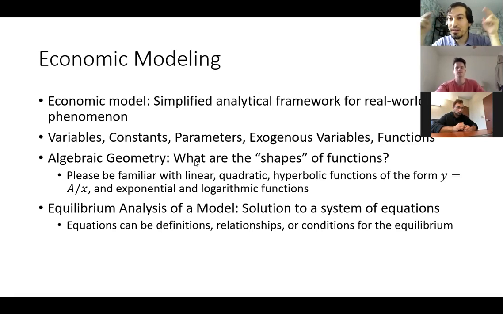But now I want you to rethink what you've already learned about that as a model. The reason it's a model is because it involves some variables, some constants. The constant could be like the slope of the demand curve or the intercept of the demand curve. It could involve some parameters and exogenous variables and functions.